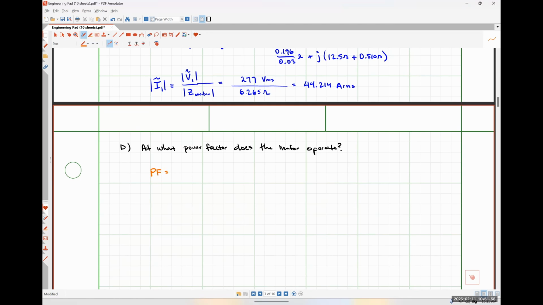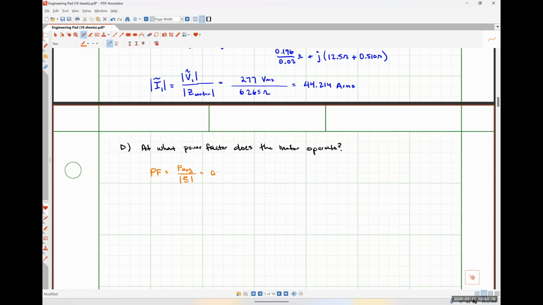So power factor was defined in a couple of different ways. It was the ratio of the average power to the apparent power. We don't have either of those quantities.